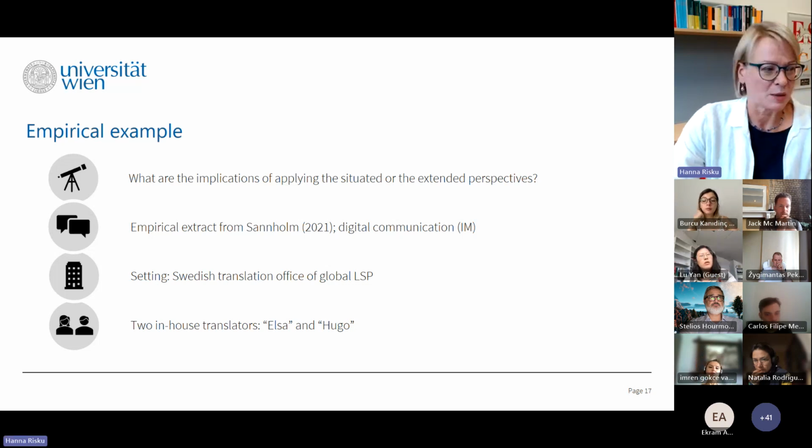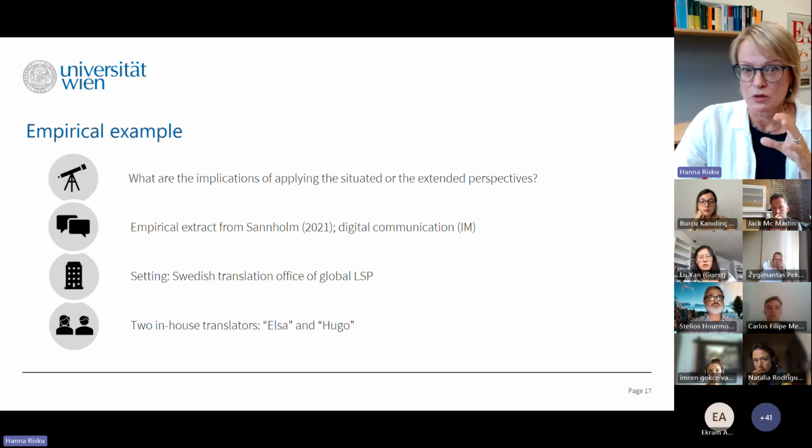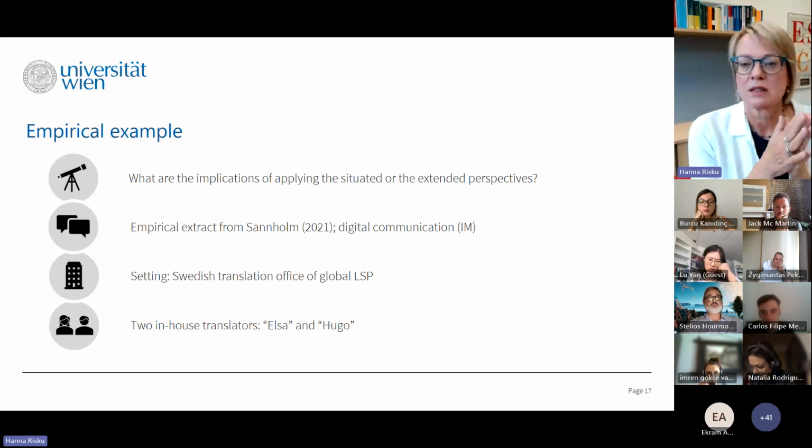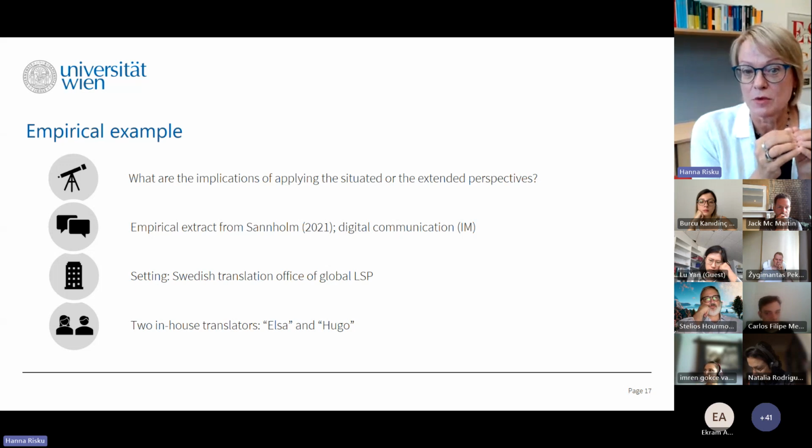So let me first describe the empirical setting. It is the Swedish translation office of a global language service provider, and the translators featured in this instant messaging chat belong to the general technology team of this translation agency.